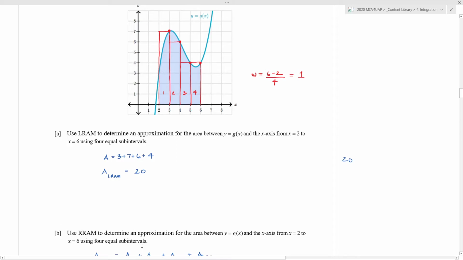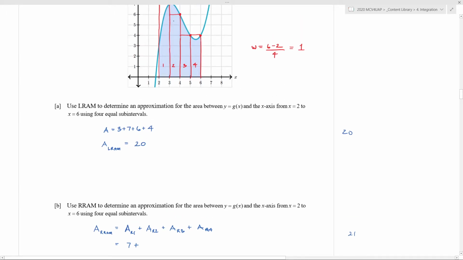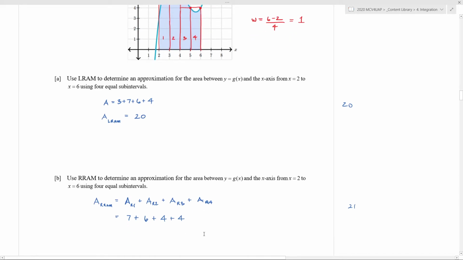Rectangle 1 has 7 units, plus 1, 2, 3, 4, 5, 6 for rectangle 2, 4 for rectangle 3, and 4 for rectangle 4, to give us a total of 21.